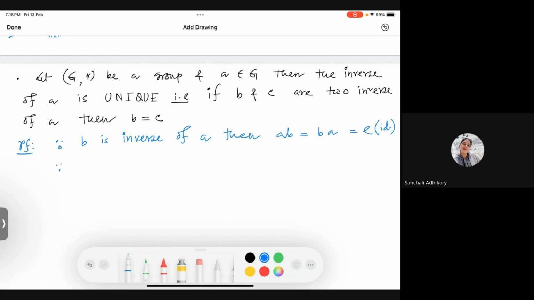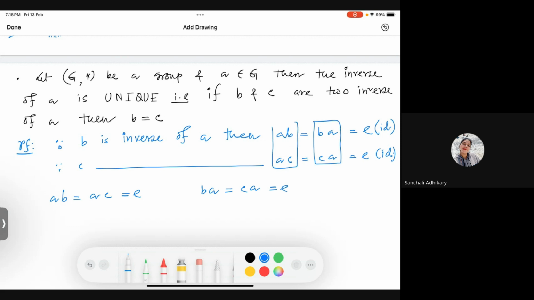Since C is the inverse of A, then AC is equal to CA is equal to identity. Okay. So now observe AB is equal to AC is equal to identity. And similarly, BA is equal to CA is equal to identity.